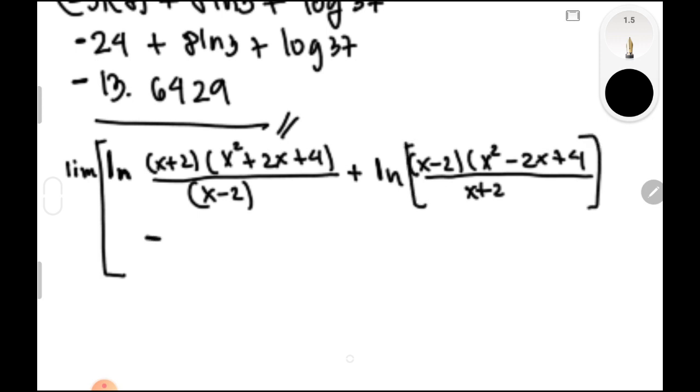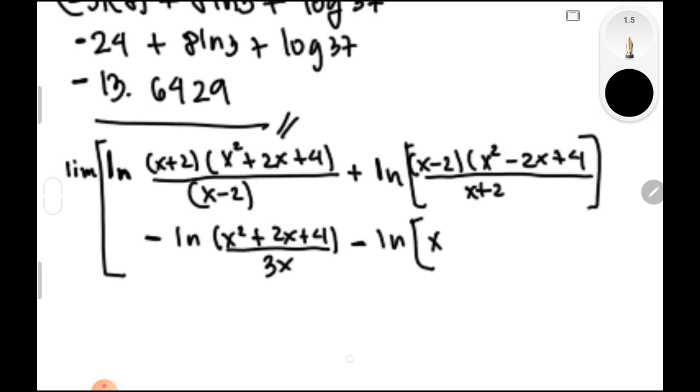minus ln of x squared plus 2x plus 4 divided by 3x, minus ln of x squared minus 2x plus 1.